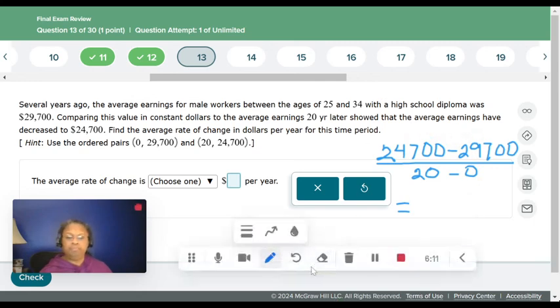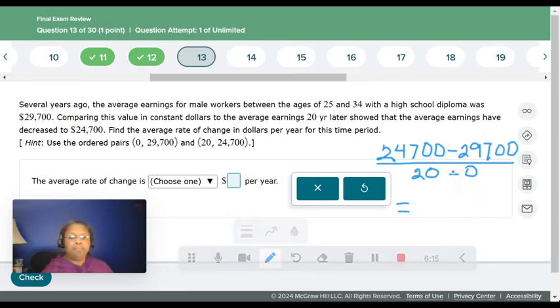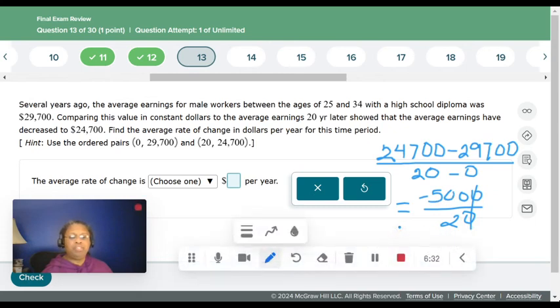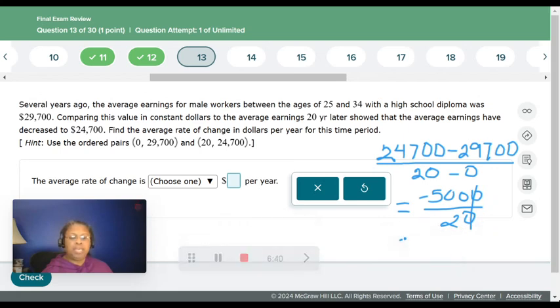Okay, let me pause for just a moment. Okay, so we would have negative 5,000 divided by 20. We can cancel those zeros. So 500 divided by 2 equals, see if I can move this little bar. There we go. Equals negative 250.